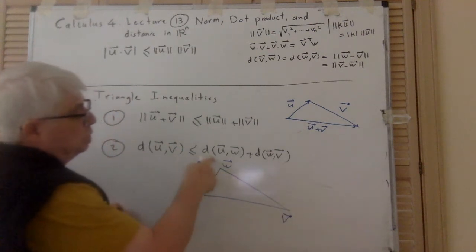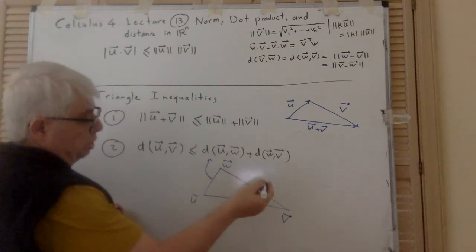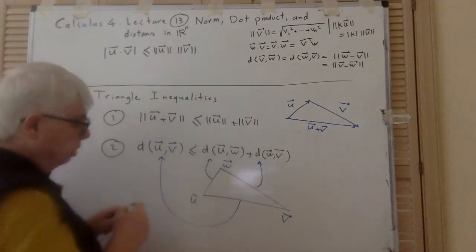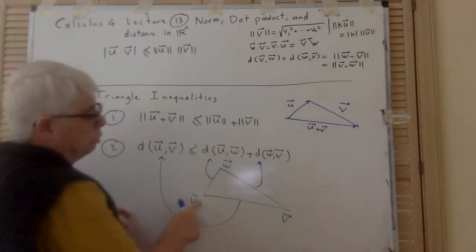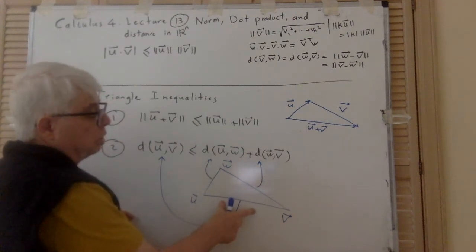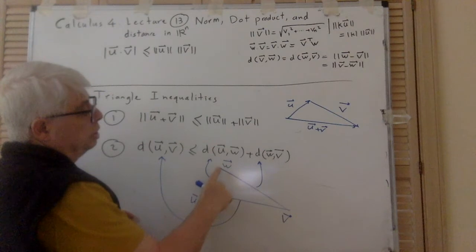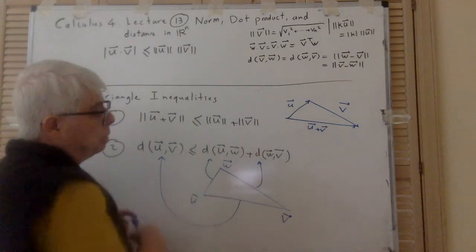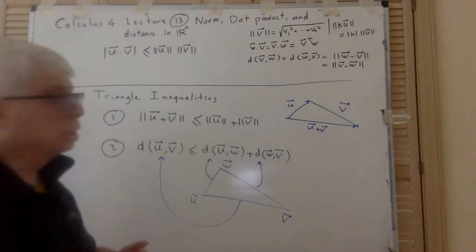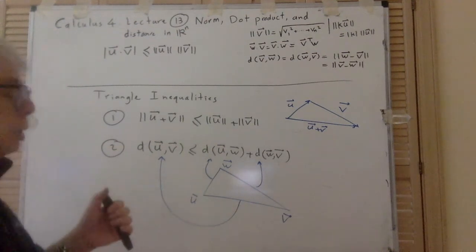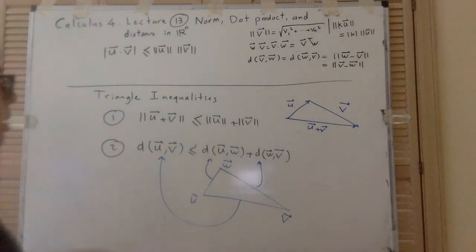This is saying that the distance between these two points, which is the third side of this triangle, is less than the distance between these two plus these two. And that's the same thing as that, and that's why it's called the triangle inequality. So these are two different ways of saying it, and they are related.